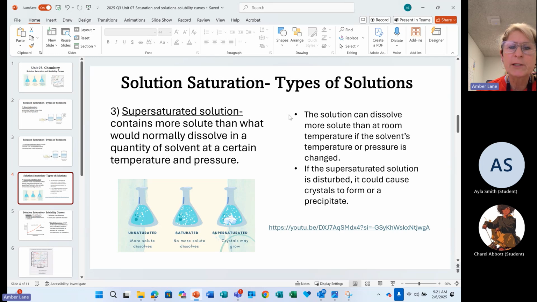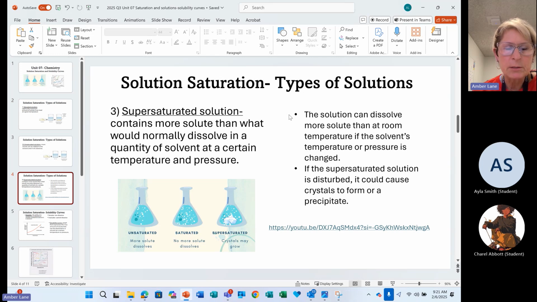But with a supersaturated solution, usually they warm up the solvent, and then you're able to add more solute than it would normally take at room temperature. It will dissolve it, and you won't see the substance, but it's super unstable.